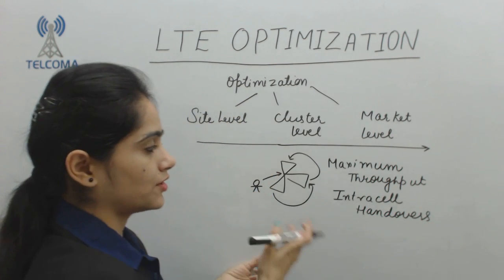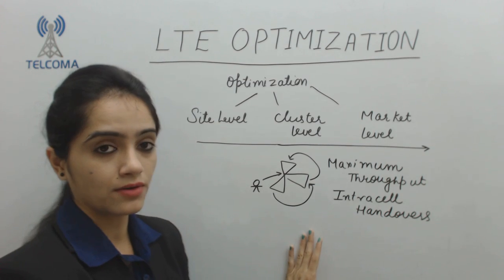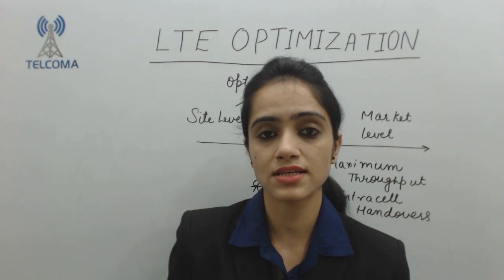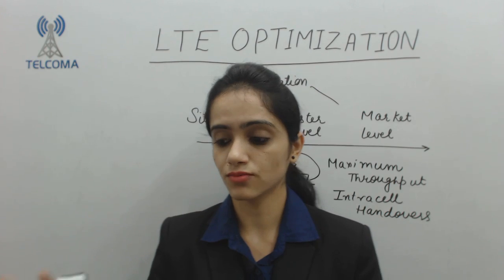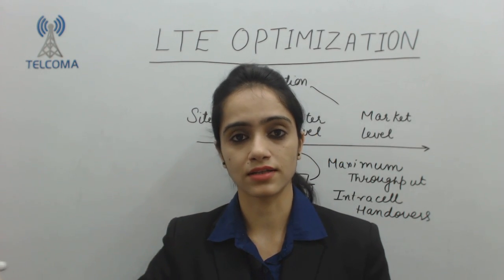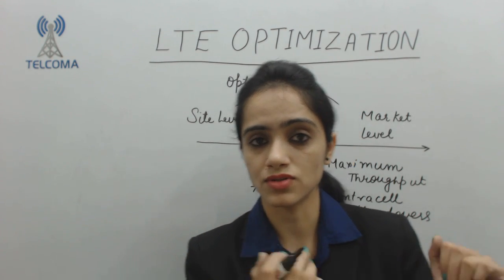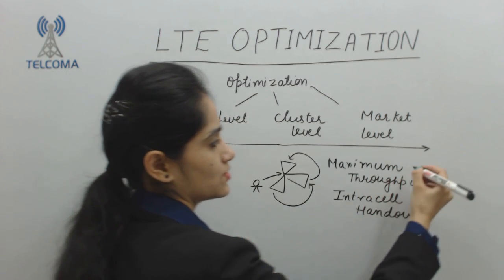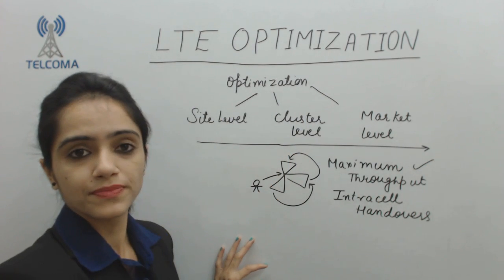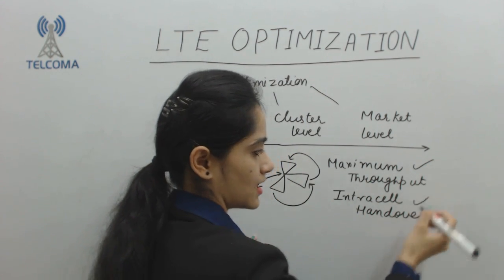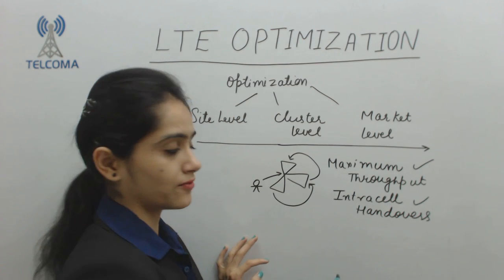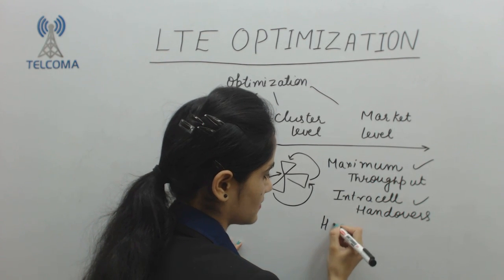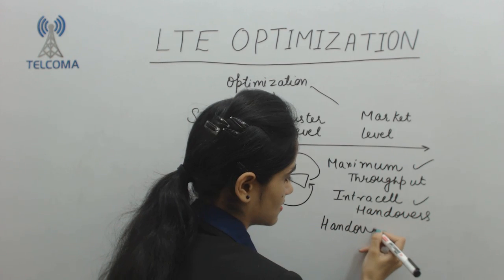That means you require to move in a cell and find out whether the handover procedure is okay whenever the user is moving from one cell to another. So first is to find out the maximum throughput. We also require to find out the intra-cell handover and the handover latency.